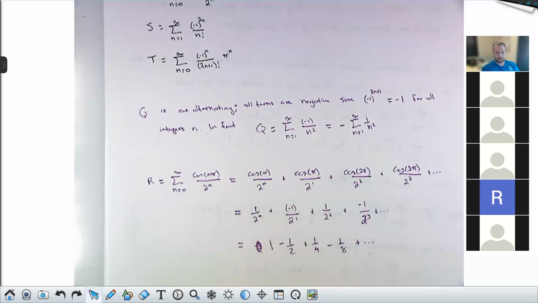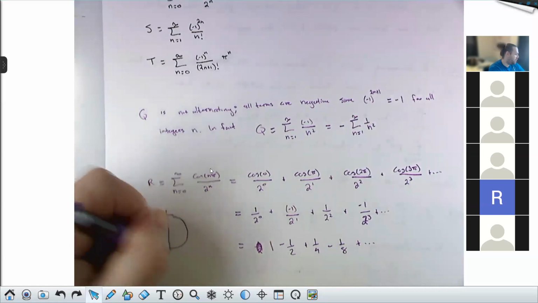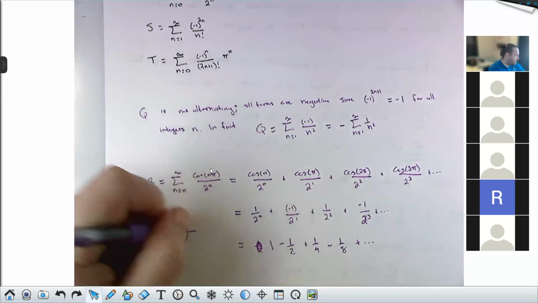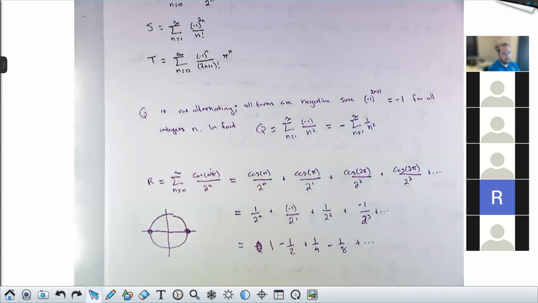This series is geometric. It's well hidden, but this cosine of n pi turns out to do the same thing that -1 to the n does. You can think of it as running you around between those two extreme points on the unit circle. Cosine of n pi is taking you from 1 here to -1 here, and then back around.